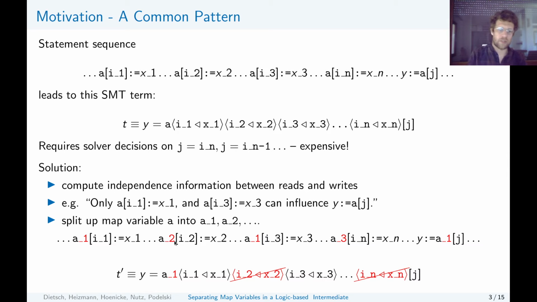The other writes can go to a2 and a3, and thus they're trivially independent, and the store chain we're looking at also becomes much shorter, which means fewer decisions for the solver. Now that would be nice.